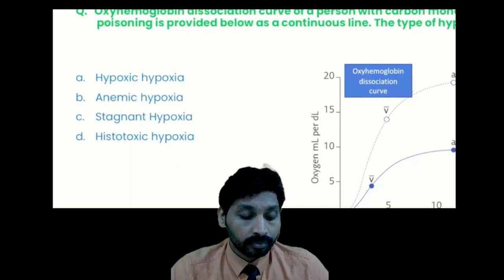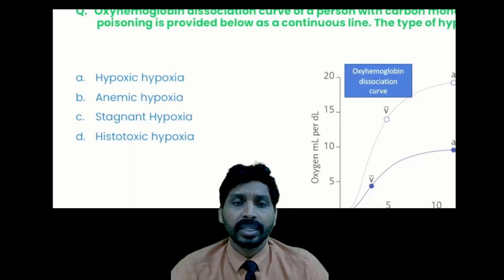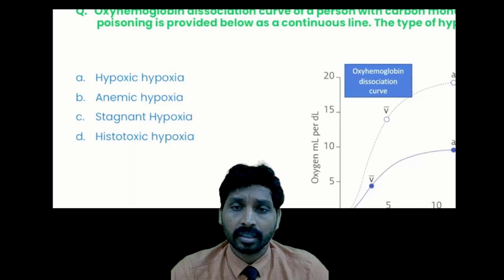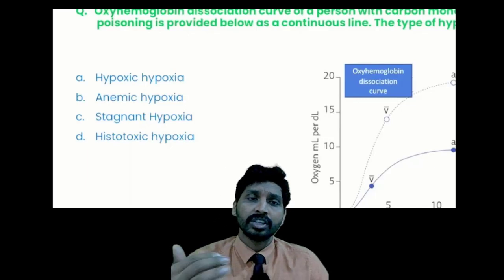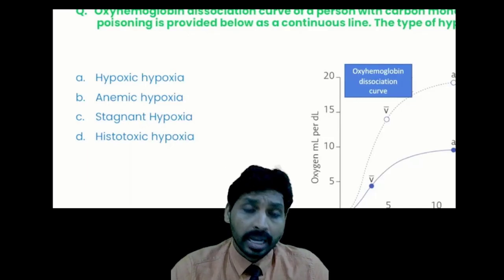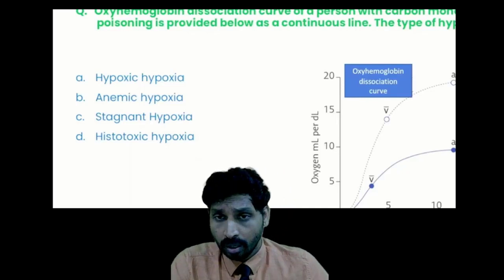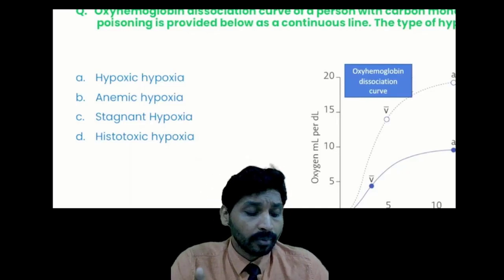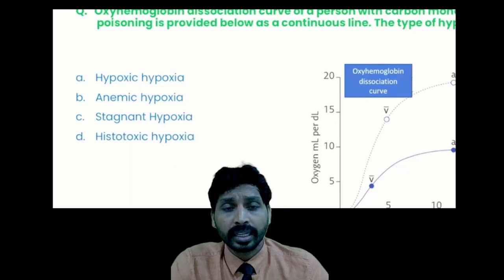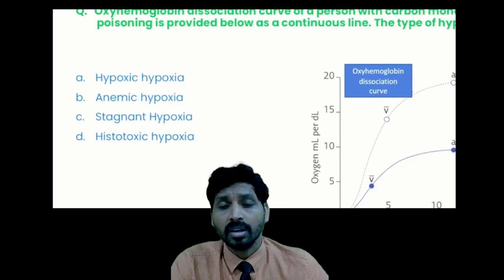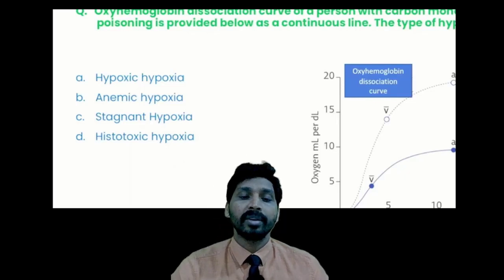If it is 50, then I can make out stagnant hypoxia. But here that concentration is not high, and histotoxic hypoxia is also zero. You can make it out with the arterial and venous partial pressure of oxygen. You can calculate that. So histotoxic hypoxia is a ruled out option. So the correct option is anemic hypoxia.